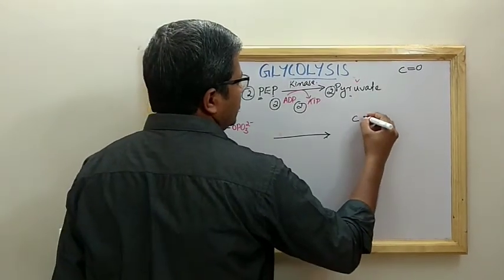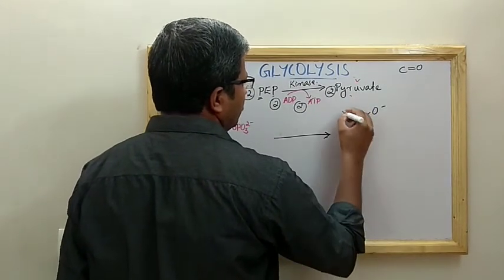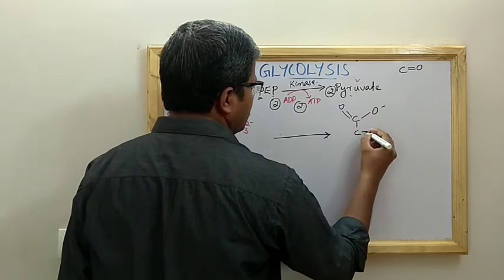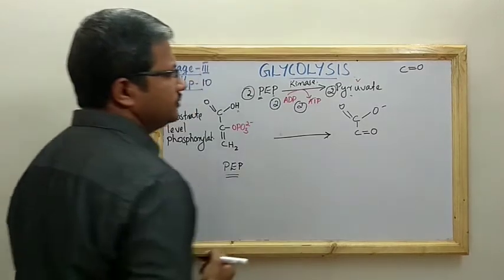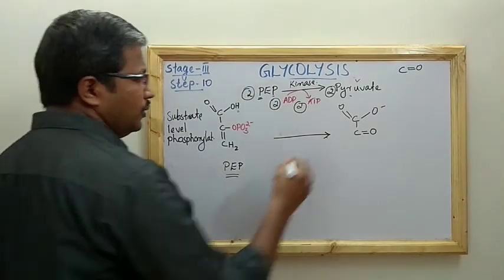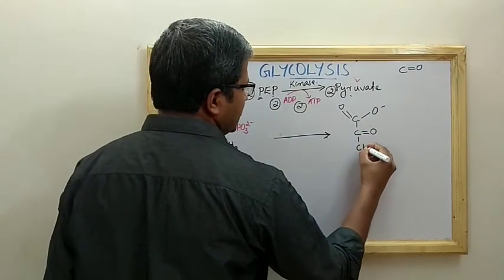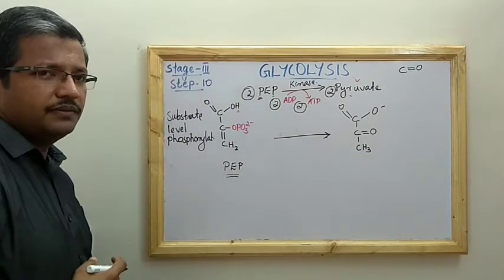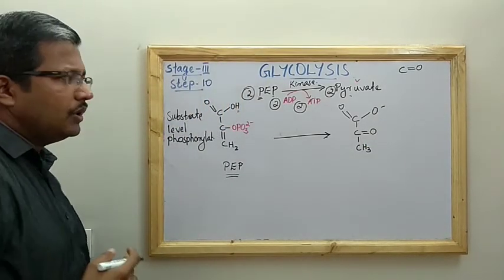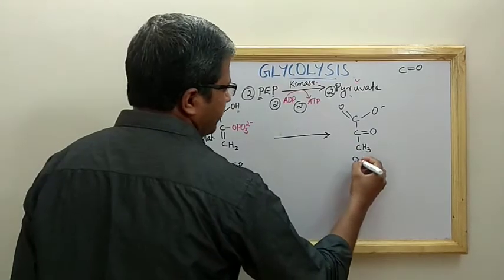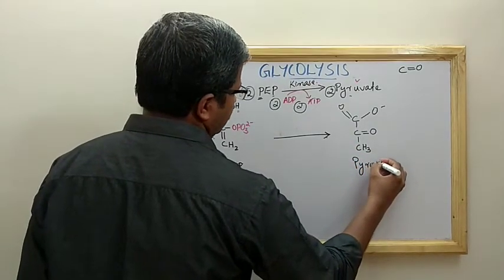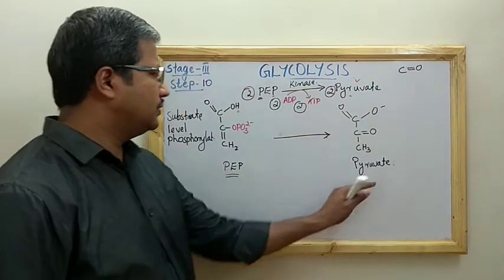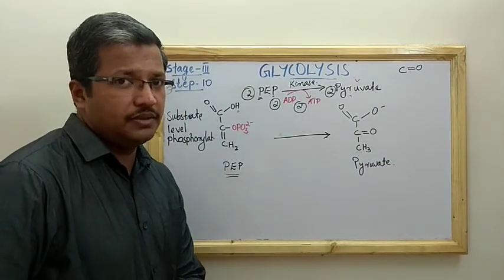So C, I'm just writing the ionized form, double bond O, then C double bond O, C double bond O and CH3. This is the one known as the pyruvate.